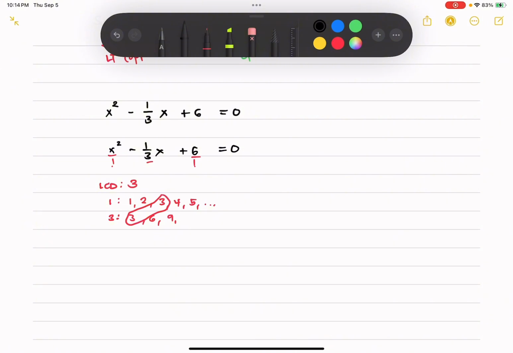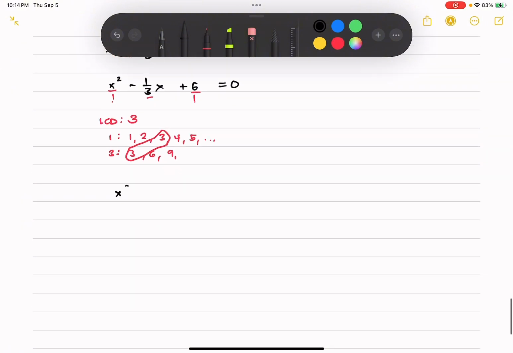So, yung LCD na yon, yun yung i-multiply natin sa buong equation natin. Yan. So, multiply lang natin yan ng 3. Kasi yun ang LCD natin. Okay? So, multiply it. 3 times 1x squared, that will give us 3x squared.